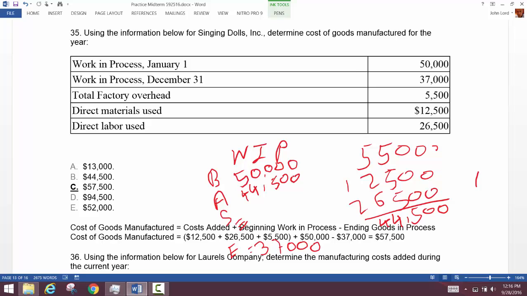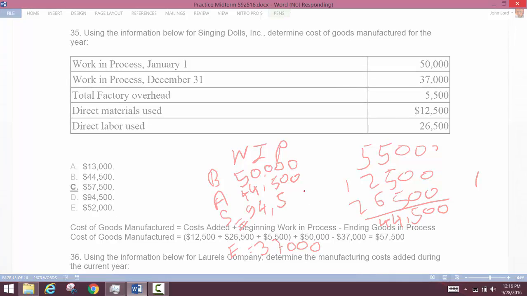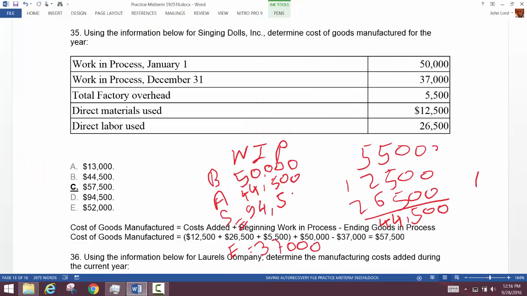So if you add that beginning plus the adds for the period, that's 94,500? Yes. So go ahead and put that number in. Just kind of squeeze it in there. 94,500 as my subtotal. Okay, good. So that's the subtotal?